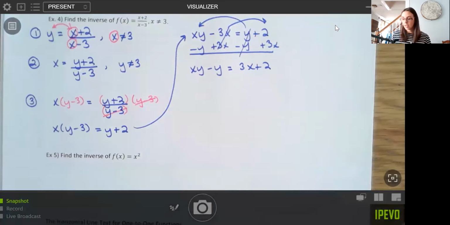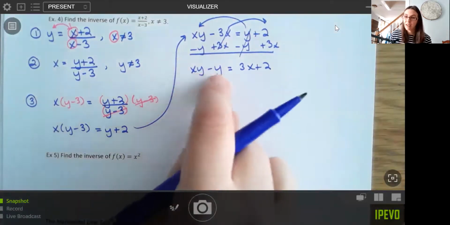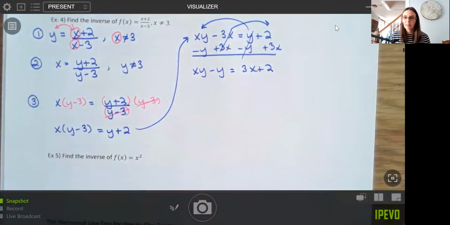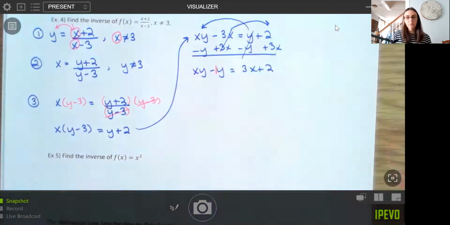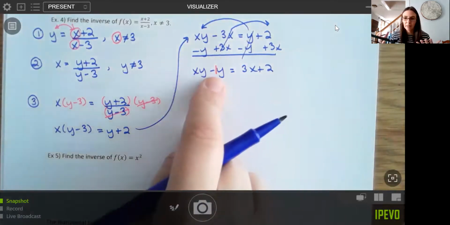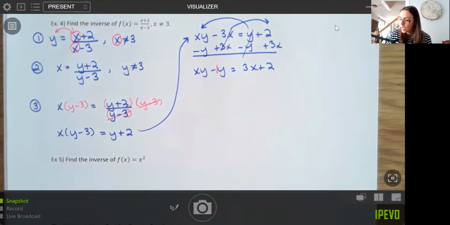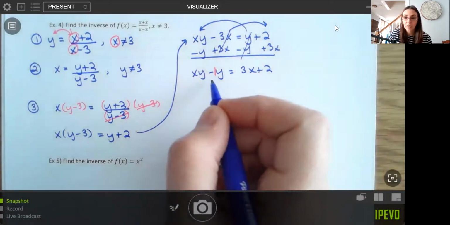Now, this one's a little tricky. These are like terms, so they both have y's in them, but we can't really combine them in our usual way. Do note that there is a 1 here. So here's a little trick if you have the same variable that you want to put together, but they don't quite mesh because here's an x and here's a 1. I can't really add those two things. And you can use your factoring here.